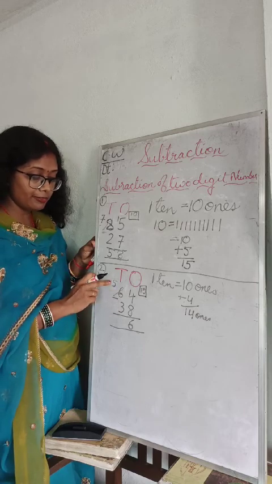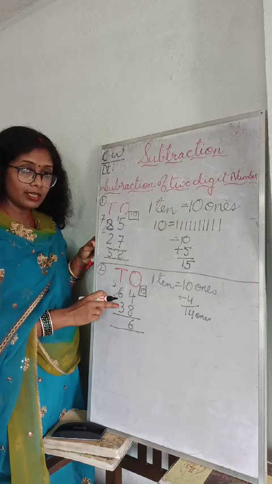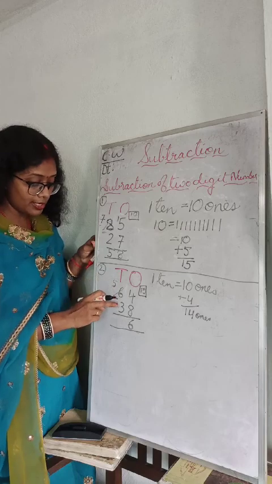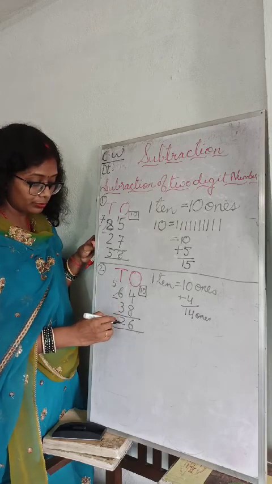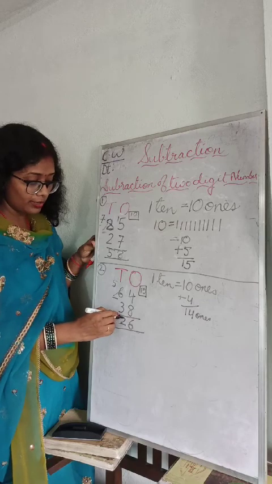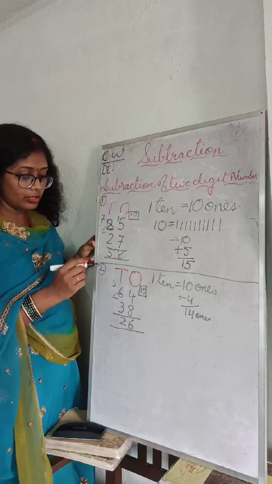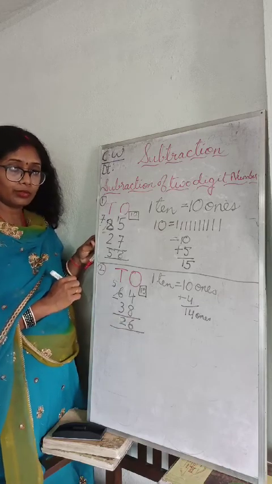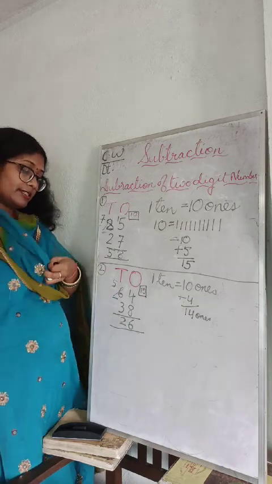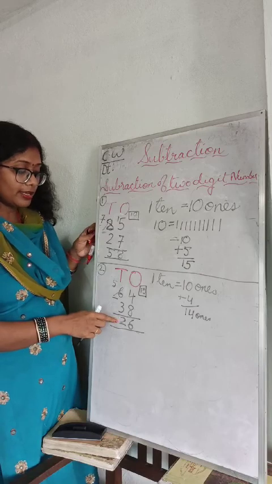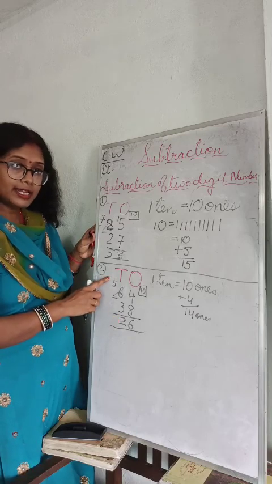So 5 tens minus 3 is how much? 5 tens minus 3 is 2. So we have got the answer 2. Okay. So the answer is 26, where 6 is at the ones place and 2 is at the tens place.